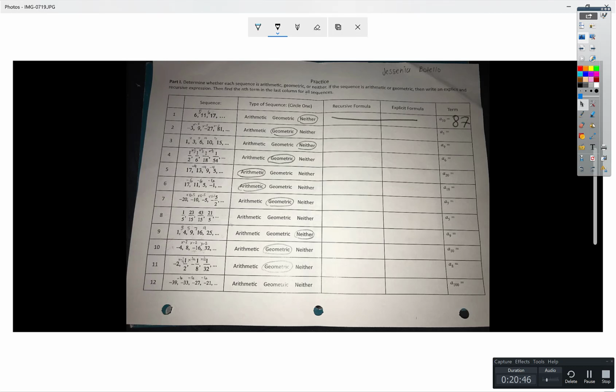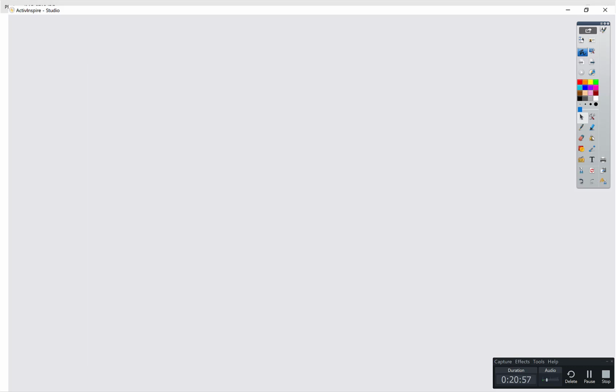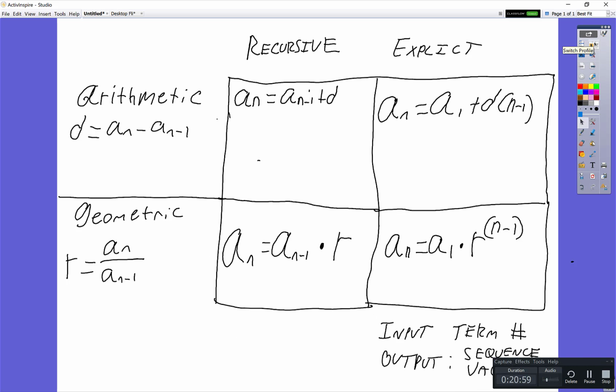Okay. Now here, this is a geometric sequence, and we need to find a recursive formula and explicit formula. So let's go back to this original page. Geometric, each term is the previous term times r, that's recursive. Explicit, each term is the first term times a common ratio raised to the n minus 1 power.